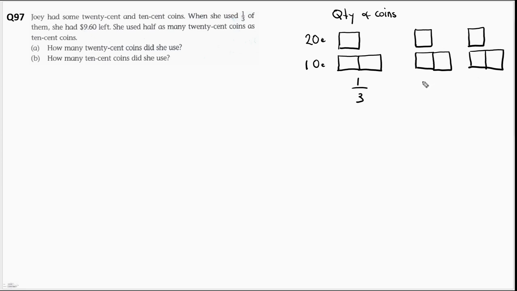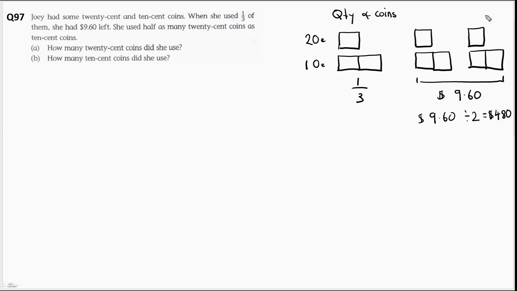Together they have a value. We're given a value of 960, and if we divide 960 by 2, we get 480.